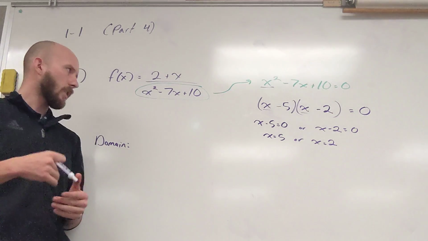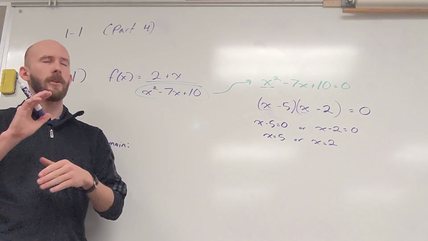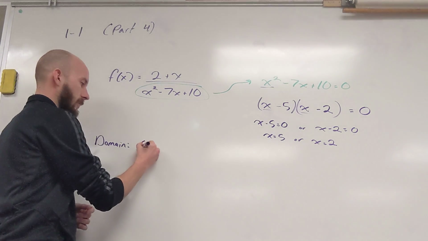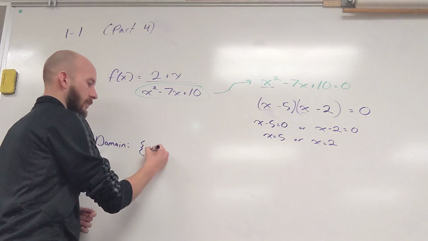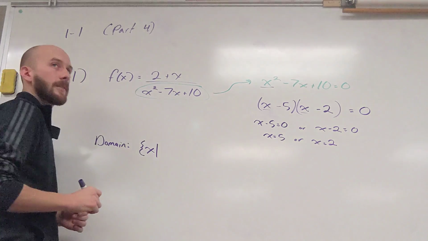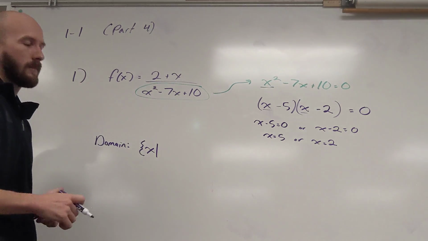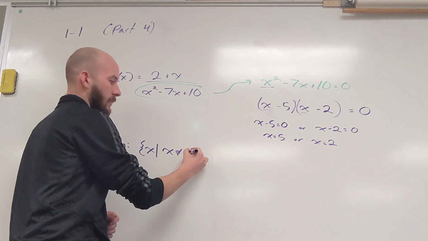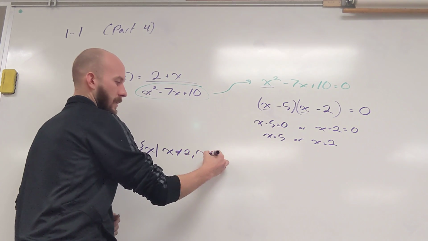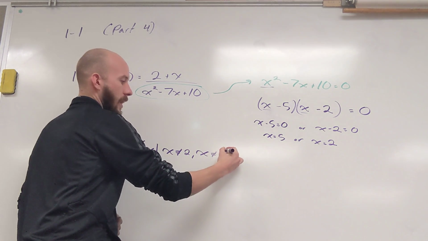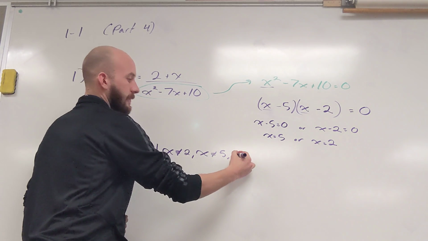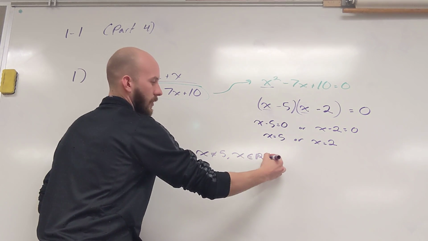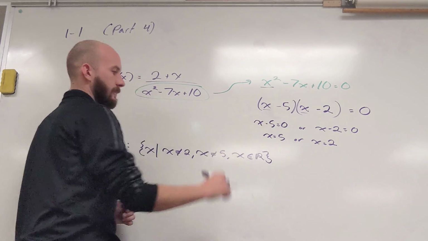Set builder notation first: our domain is the set of all x such that x is not equal to 2, x is not equal to 5, and x belongs to the set of real numbers.